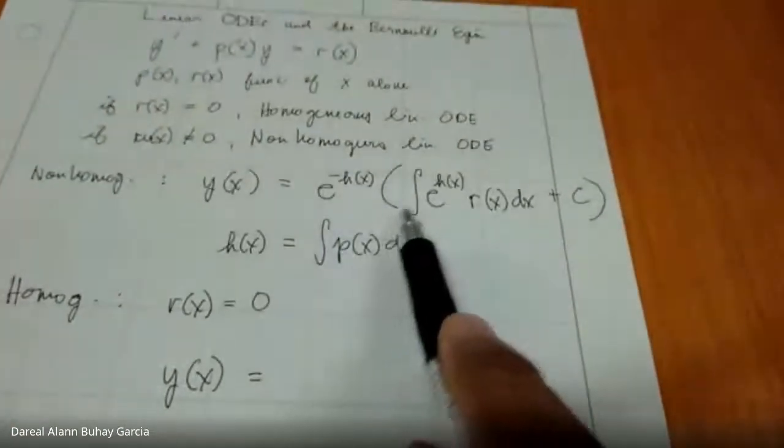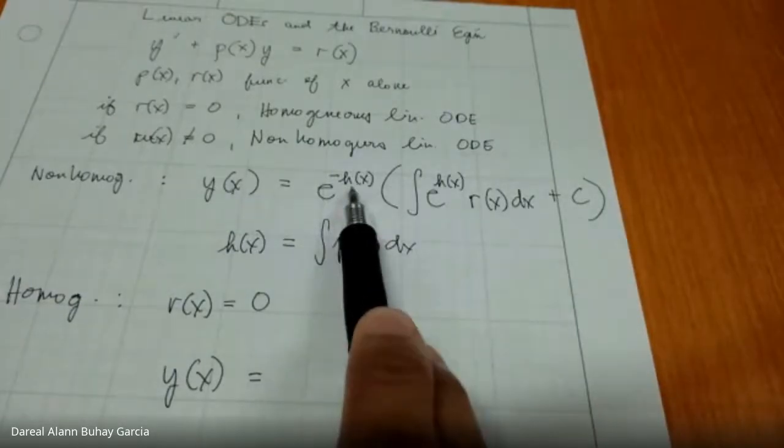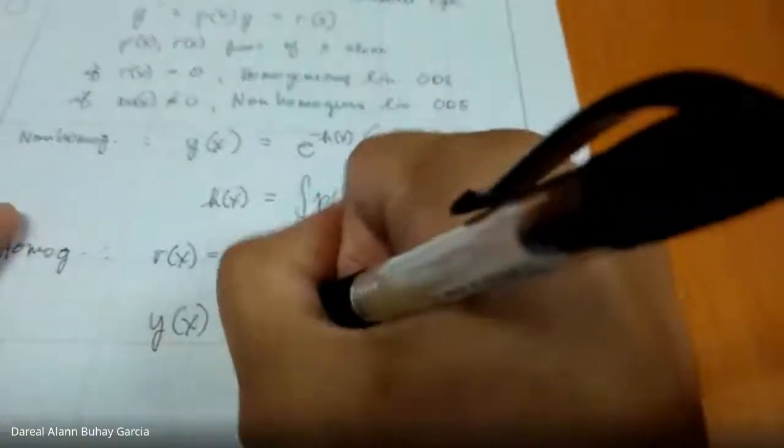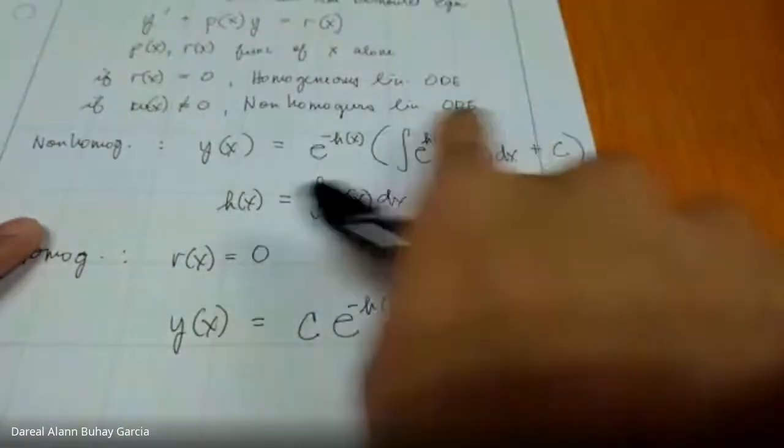All of this would be equal to 0, right? Because r of x is 0. So it's just c times e to the power of negative h of x. So y of x is just equal to c times e to the power of negative h of x, because all of the rest is 0. Any questions so far?